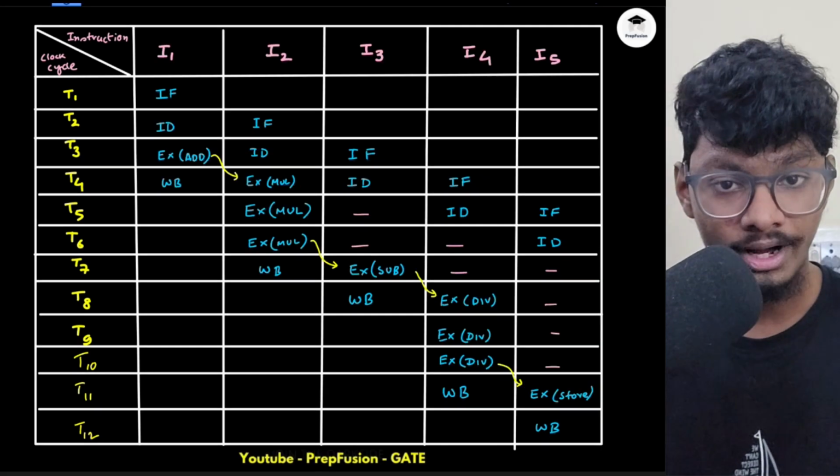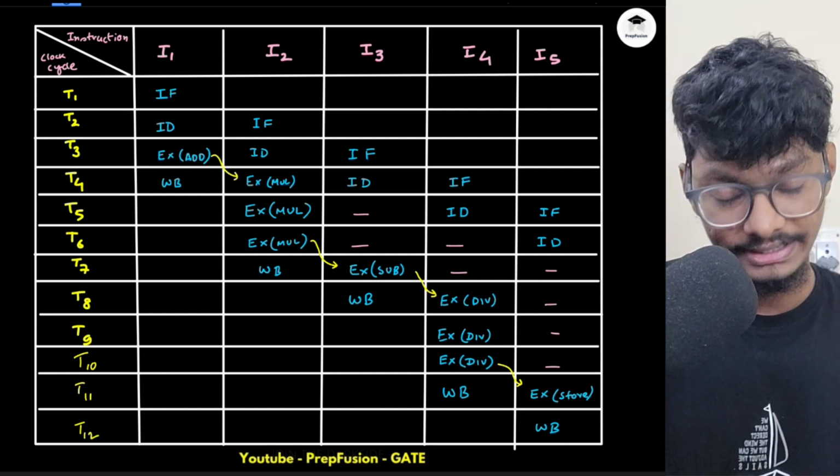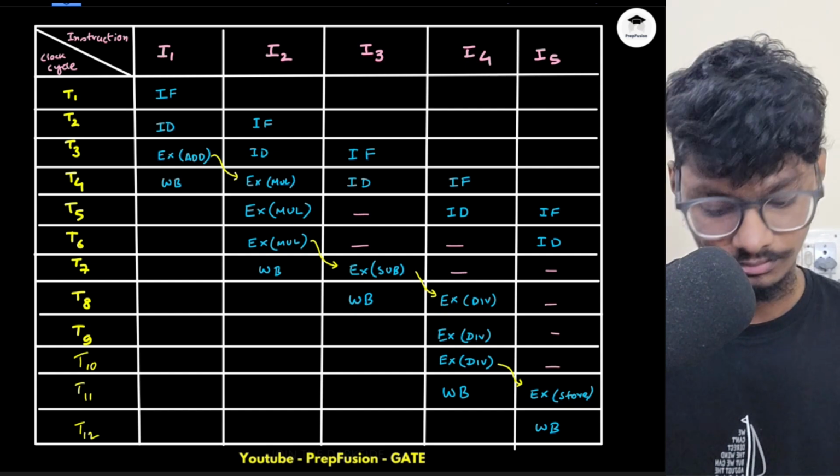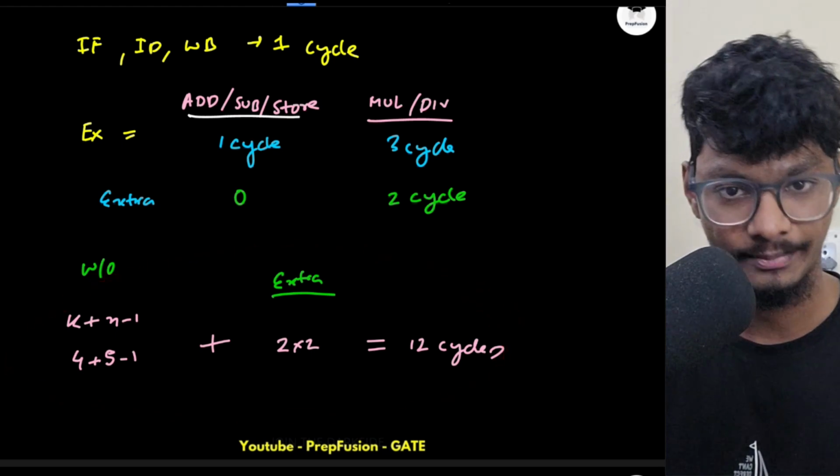I have drawn the instruction cycle table for you to explain exactly what is actually happening. Although I have done the computation, I wanted to show you how it is happening.